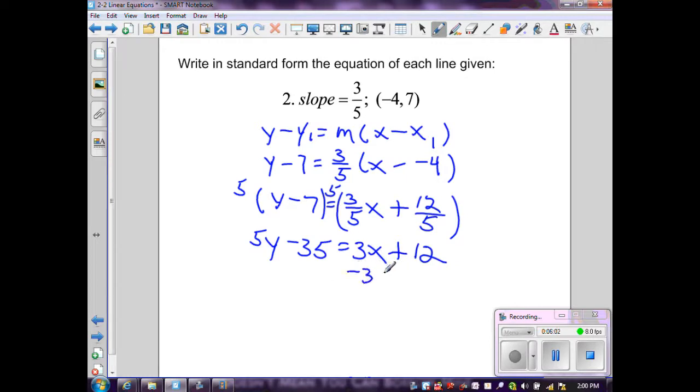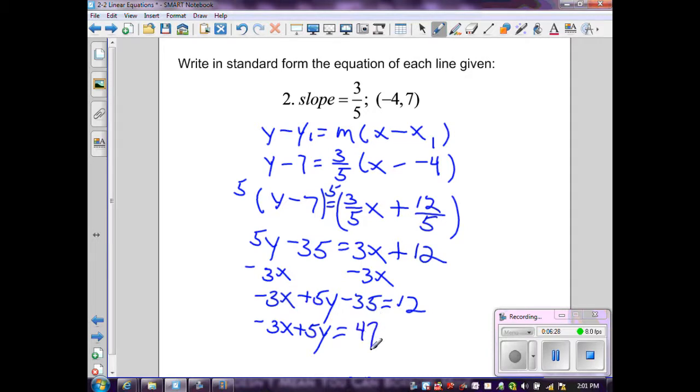Subtracting 3x on both sides gives me a -3x plus 5y minus 35 equals 12. Let's get rid of the 35 by adding 35 on both sides. Negative 3x plus 5y. Adding 35 on both sides is going to give me 47.